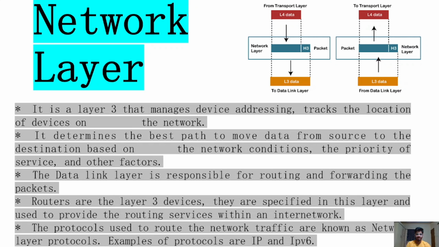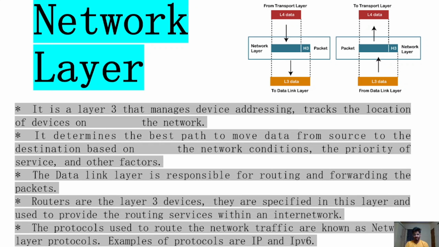Routers are the layer 3 devices specified in this layer and are used to provide routing services within an internetwork. The protocols used to route the network traffic are known as network layer protocols, which include IP and IPv6 as examples.